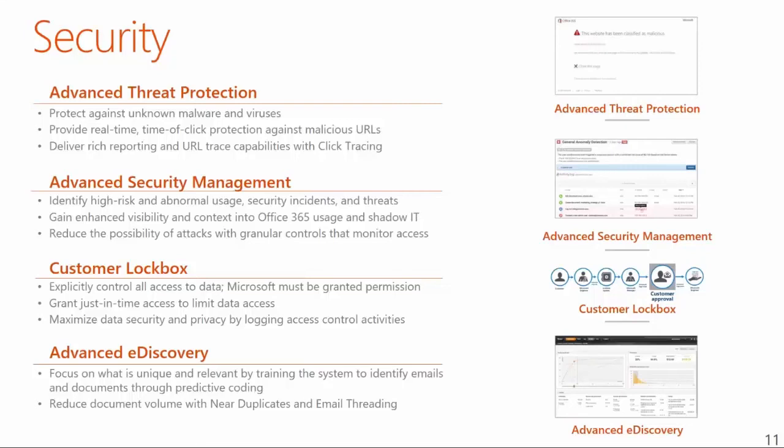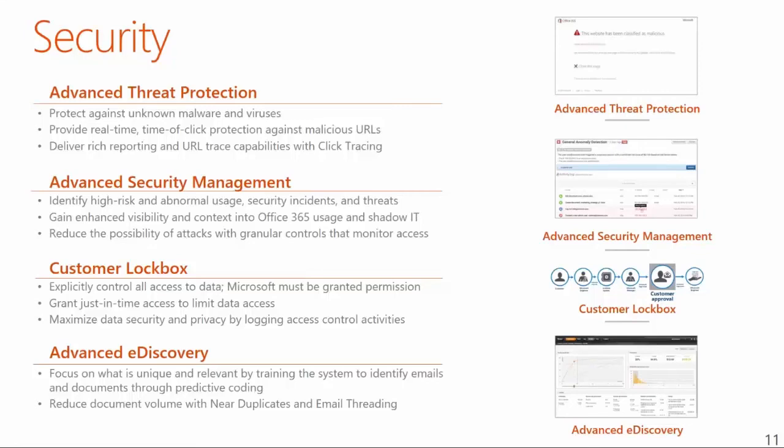Moving on, I have Advanced eDiscovery. Ultimately, this product, eDiscovery, is already included in your E3 suite. It's already included in the add-ons to E1 or Exchange Online Plan 1 that allow you to go through the eDiscovery process.